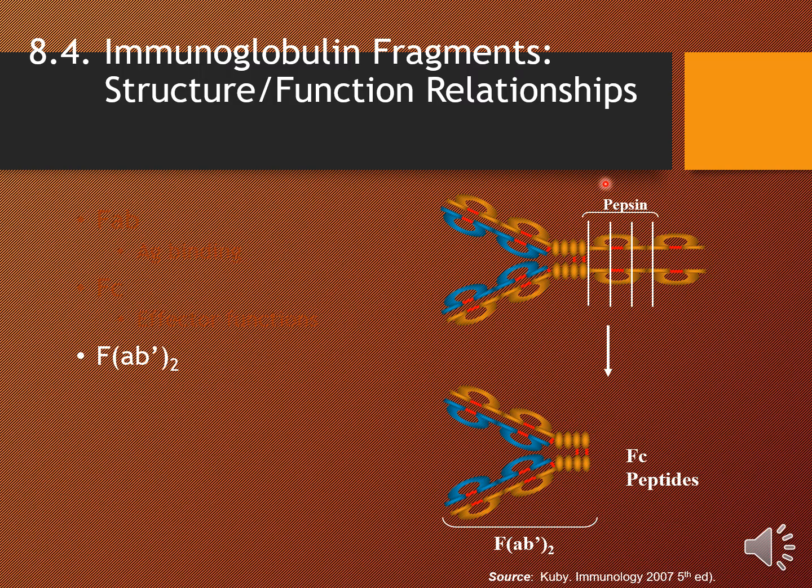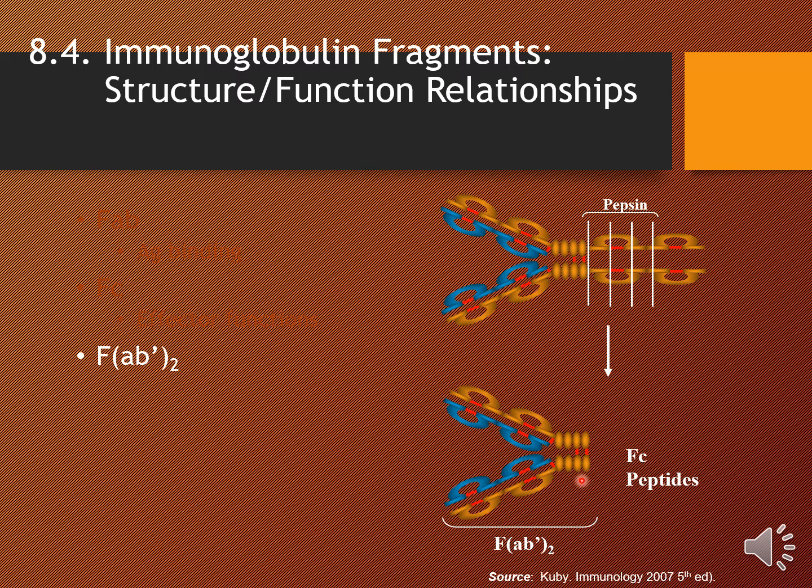If we use another enzyme, which is pepsin, it will result in a different cleavage, because this pepsin will act directly on part of the heavy chain in the tail region, and it will not act directly on the hinge region.